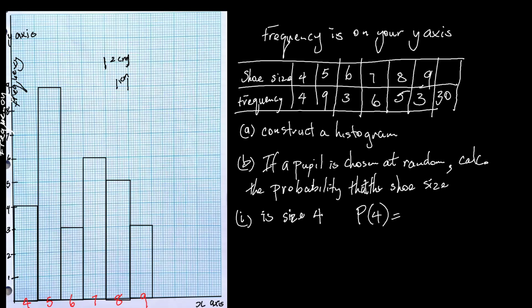Sahai, what should you do? I'll tell you just now, Antonio. What do you do, Sahai? I want, if a pupil is chosen at random, to calculate the probability that the shoe size is size 4. What do I do?